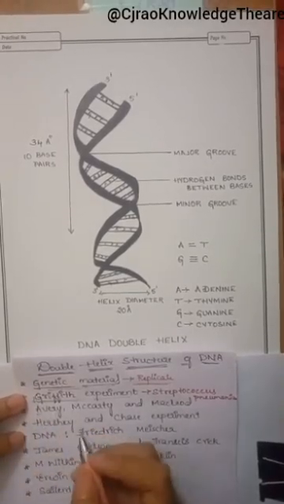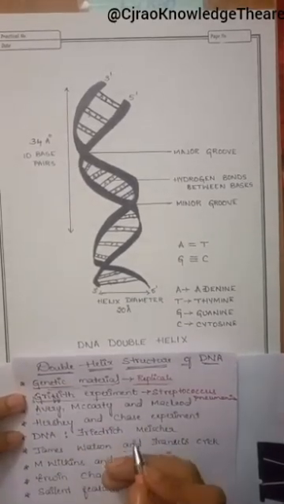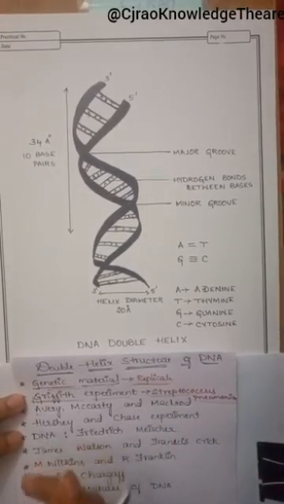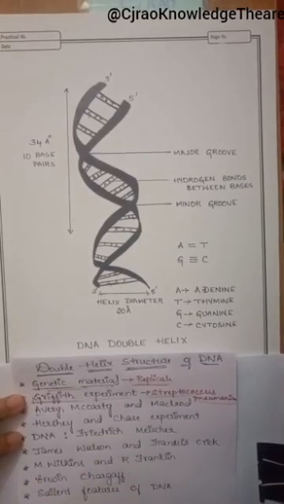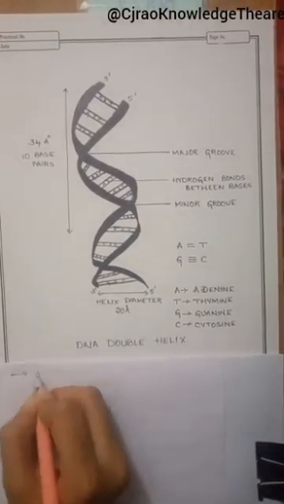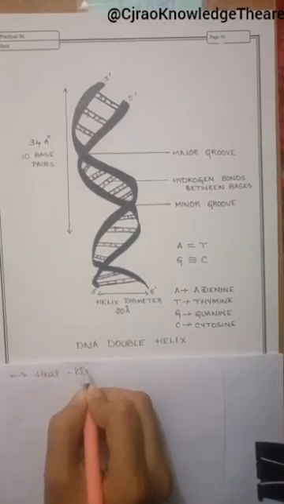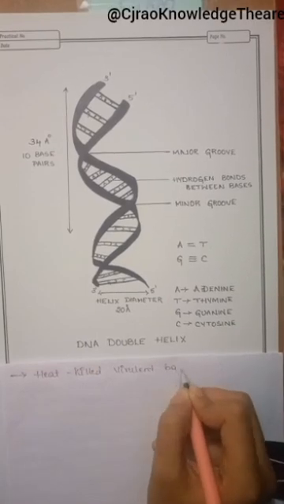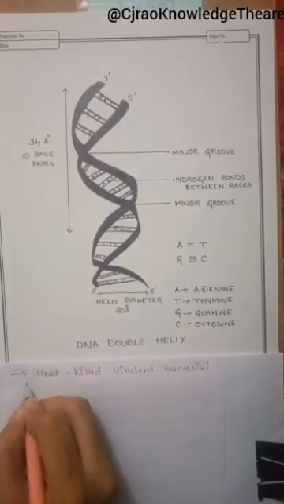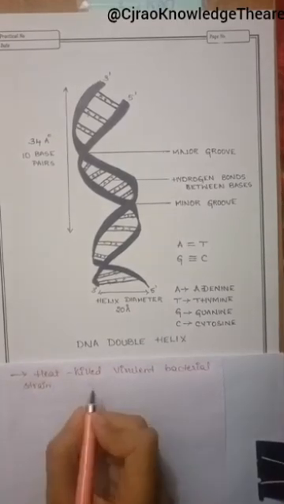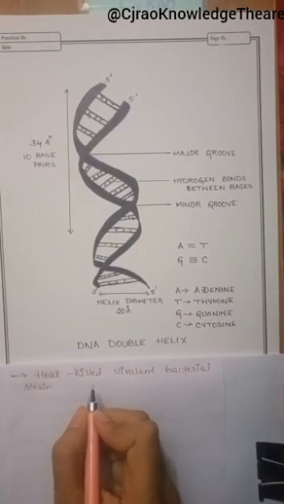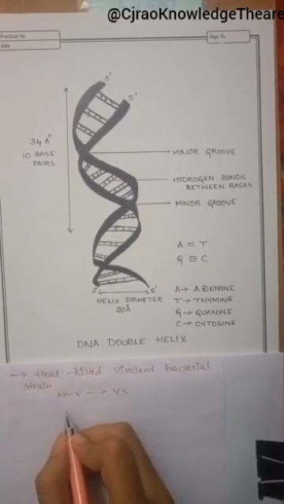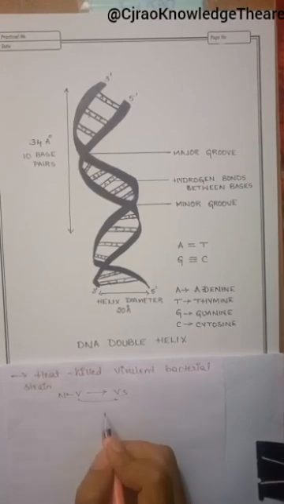He conducted a series of experiments on bacteria, Streptococcus pneumoniae, and concluded that there was some factor, the heat-killed virulent bacterial strain, that transformed the live non-virulent strain into a virulent strain. This must be due to the transfer of genetic material.